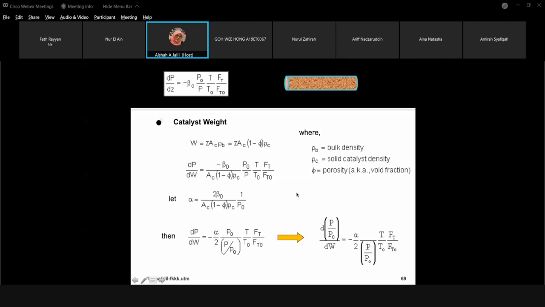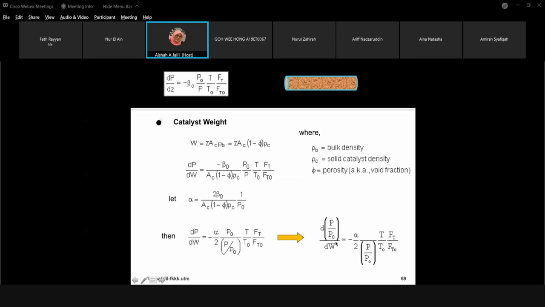Still, they can ask you about this one because this is within the scope you have studied. But don't worry, if they want you to calculate this one, they will give other variables, so you still can calculate for that one. But usually they just focus on this one, okay?